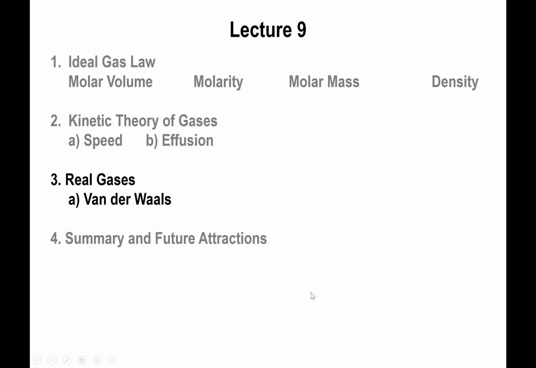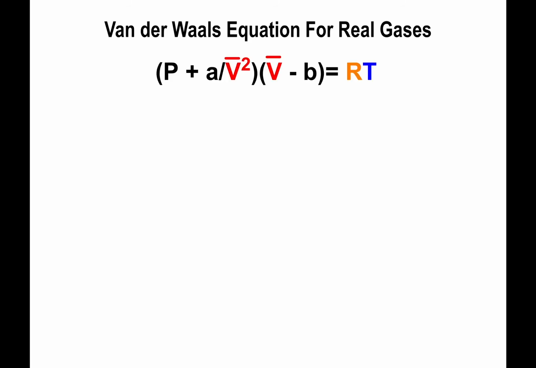So we're going to use the van der Waals equation of state of real gases to depict this problem: the idea that gases are not point particles, and that there can be actual attractions between gases within a sample. The reason we tend to stick with the van der Waals equation, at least at this level in chemistry, is that it follows a format very similar to the ideal gas law. If you look carefully, here we have pressure plus some term, times volume minus some term, equaling RT.